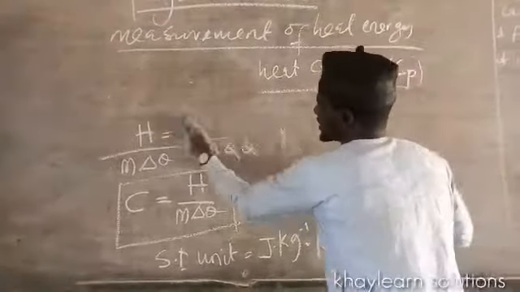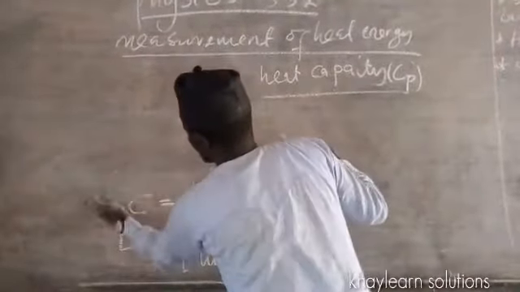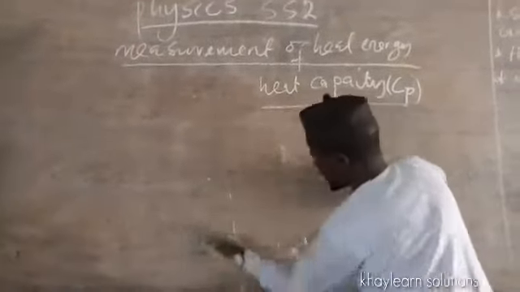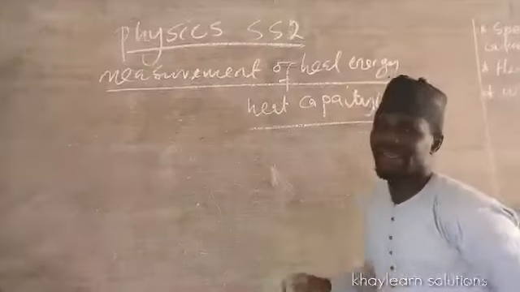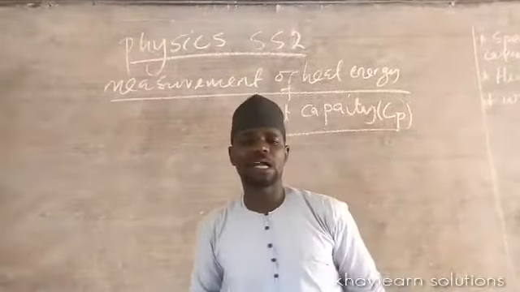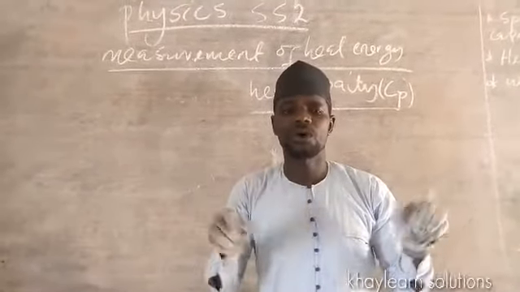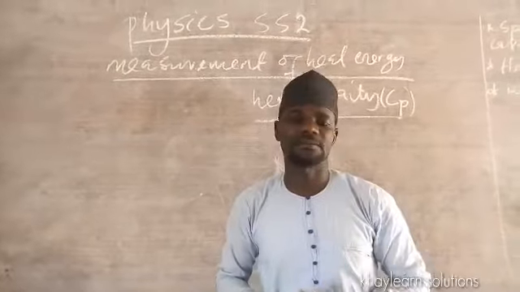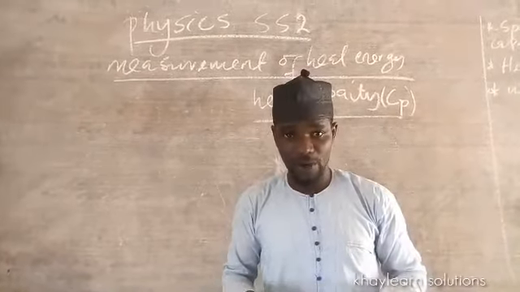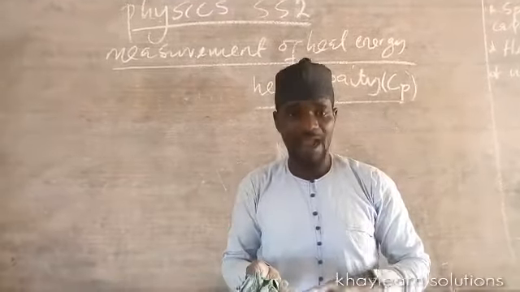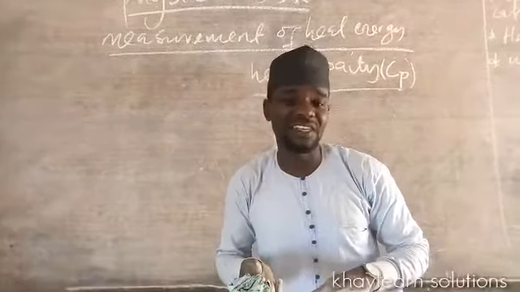Now, the heat capacity can be defined as the amount of heat required to raise the temperature of a substance. Remember, in this case, I didn't mention 1 Kelvin or 1 kilogram.